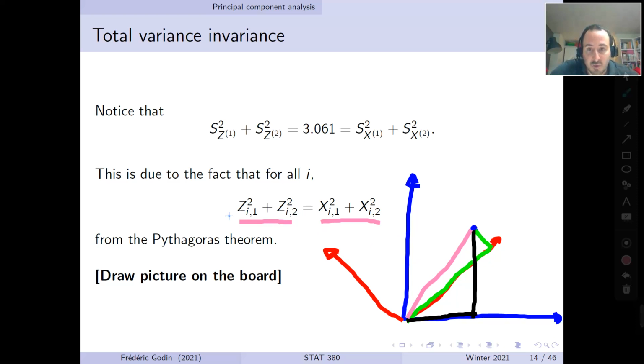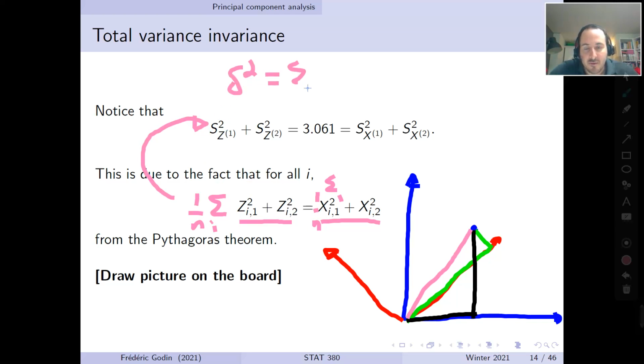Okay, and for this reason, if we do that, we could sum across all observations i and divide by 1 over n. We can do that on both sides, 1 over n, you sum across i, and from that, this directly gives this, because recall, s squared is the sum of zi minus z bar.